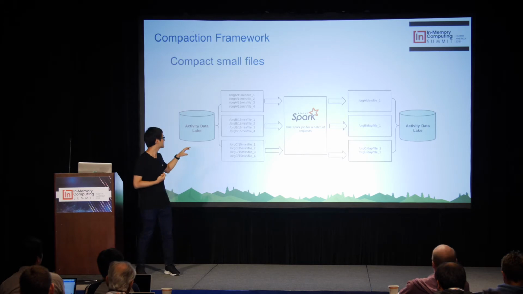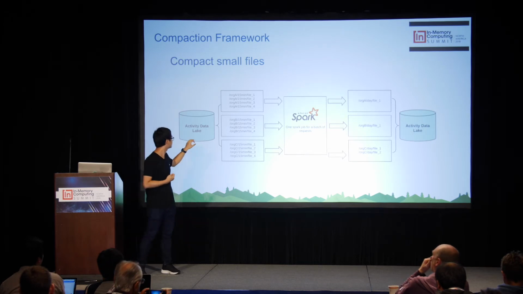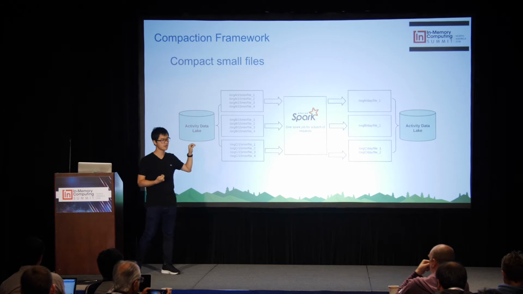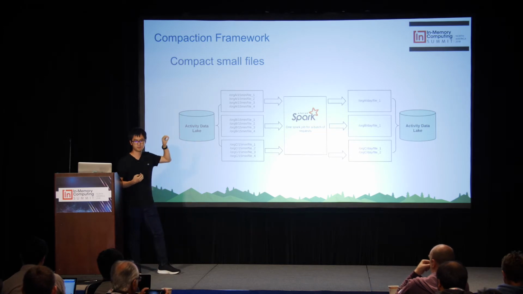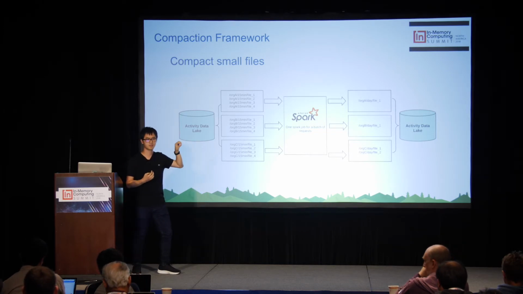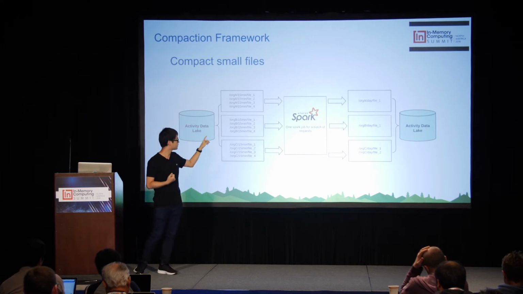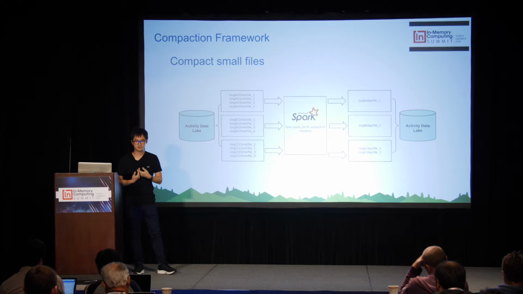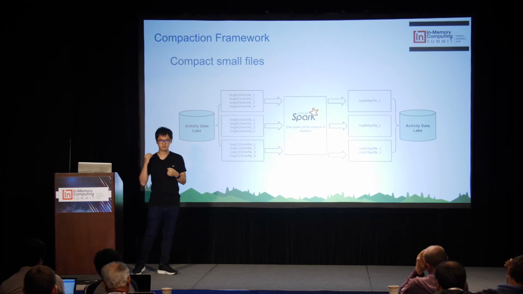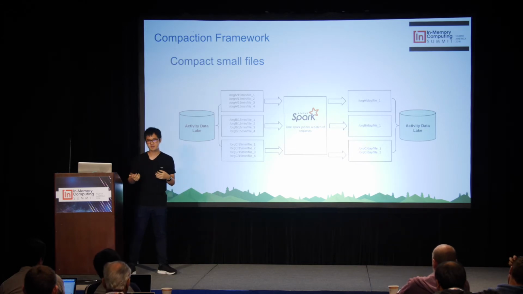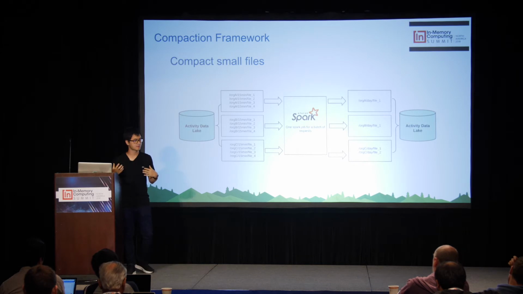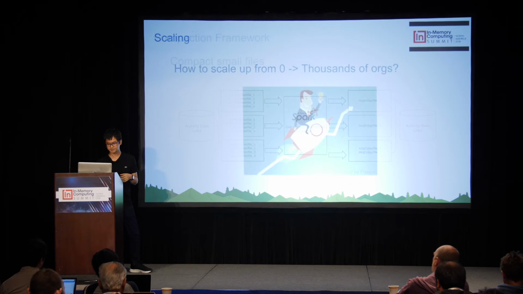Every day we schedule this data compaction job, which figures out, based on size, which organizations need to be compacted. We run this job, aggregate by organization, and write into one day's data. That approach helps us improve performance a lot in terms of the reading part.